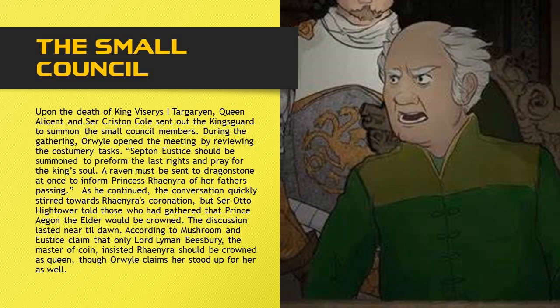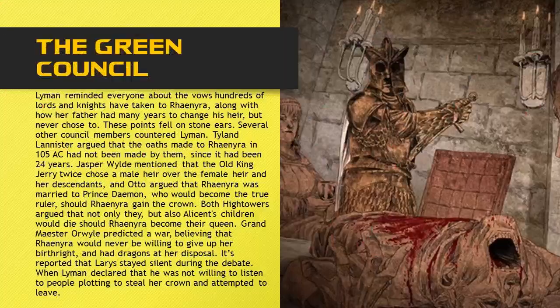Though Orwell claims he stood up for her too. Because Orwell kind of claims both sides. I think that he wrote all this stuff down later, and since he doesn't really know how history is going to see everybody, he kind of writes himself out of it, like, well, I wasn't being a jerk. You probably were, Orwell. I don't trust you at all. I don't really trust anybody.